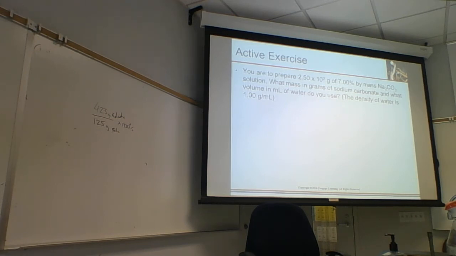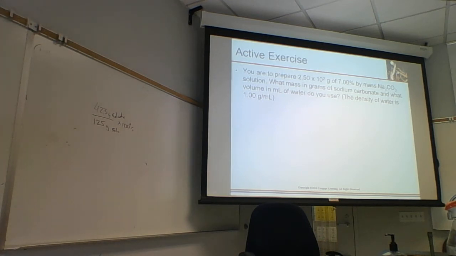But this mass ratio is what we use as a conversion factor. And so if I have 100 grams, I need 7 grams of sodium carbonate. If I have 200 grams of solution, how much sodium carbonate will I need? 100 grams requires 7 grams. 200 grams of solution would require 14 grams. 250 grams would require what?